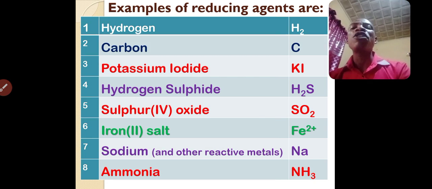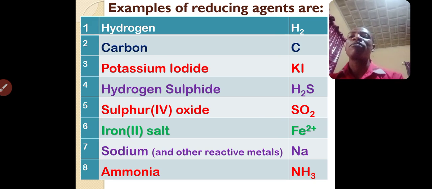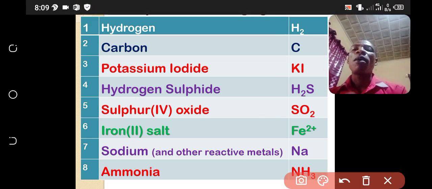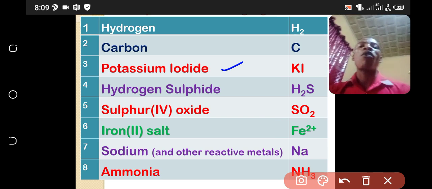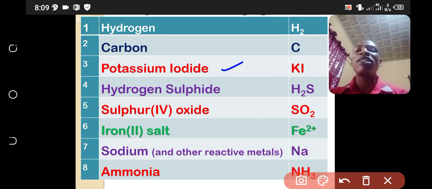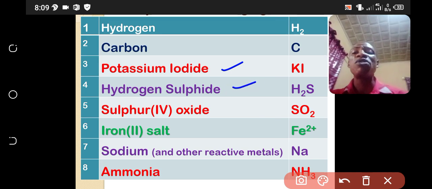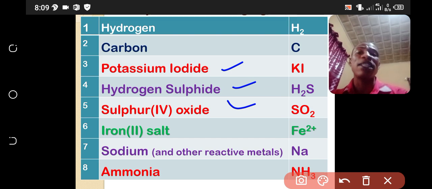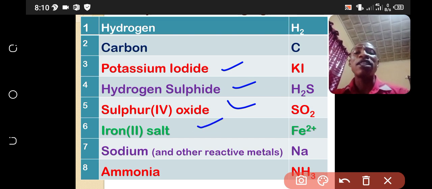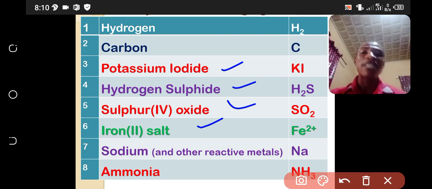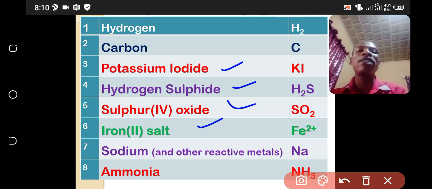Other examples of reducing agents are hydrogen, carbon, potassium iodide. In fact, potassium iodide is used for testing for oxidizing agents because of its reducing ability. Hydrogen sulfide is a reducing agent. Sulfur(IV) oxide is a reducing agent. Iron(II) salt is a reducing agent because it can easily be oxidized to iron(III).